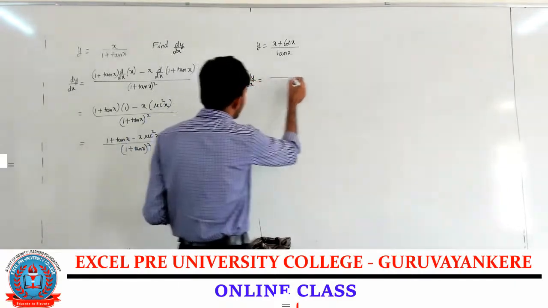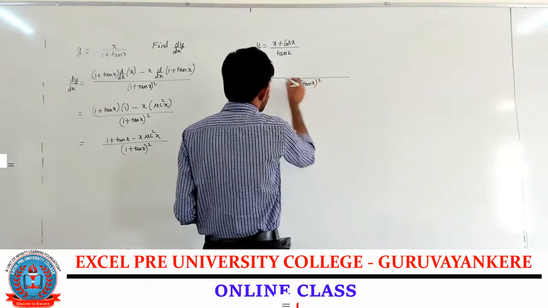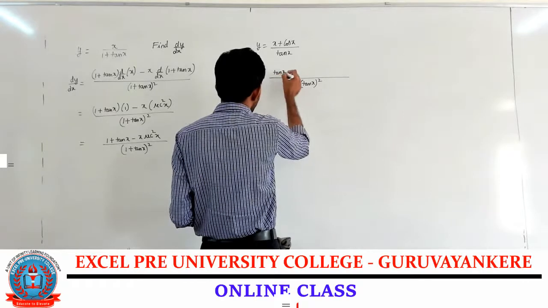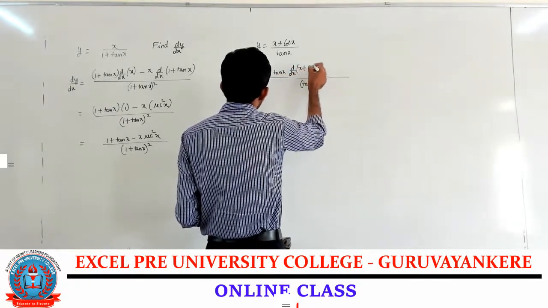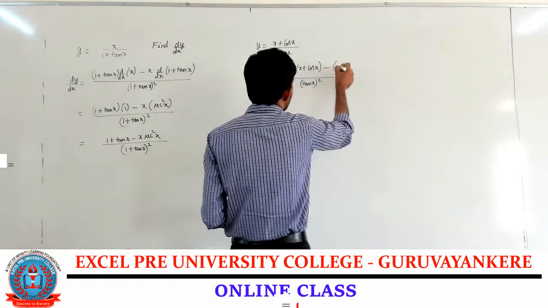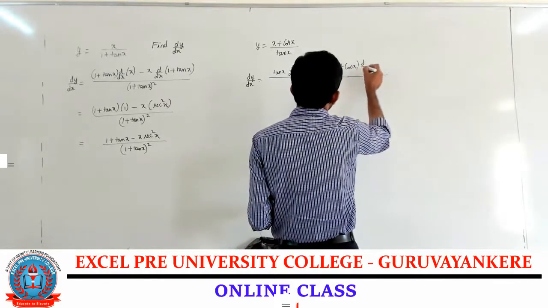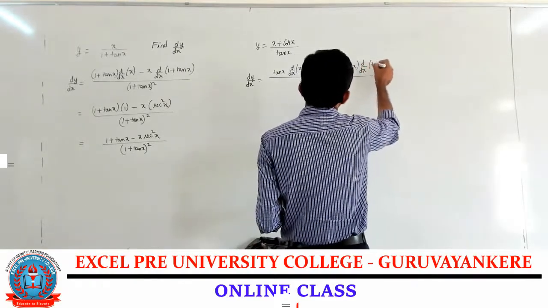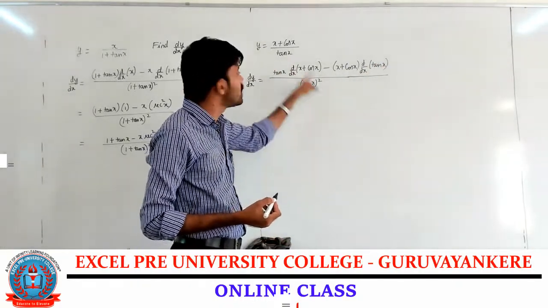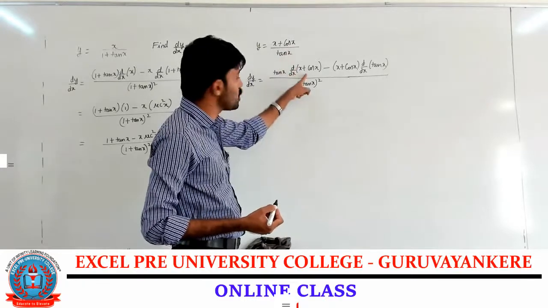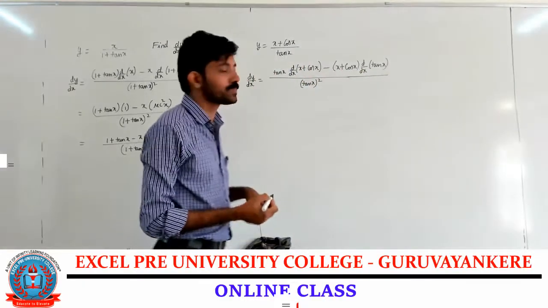Dy by dx, denominator square, denominator keep as it is, differentiate the numerator, d by dx of x plus cos x, minus numerator keep as it is, differentiate the denominator, d by dx of tan x.